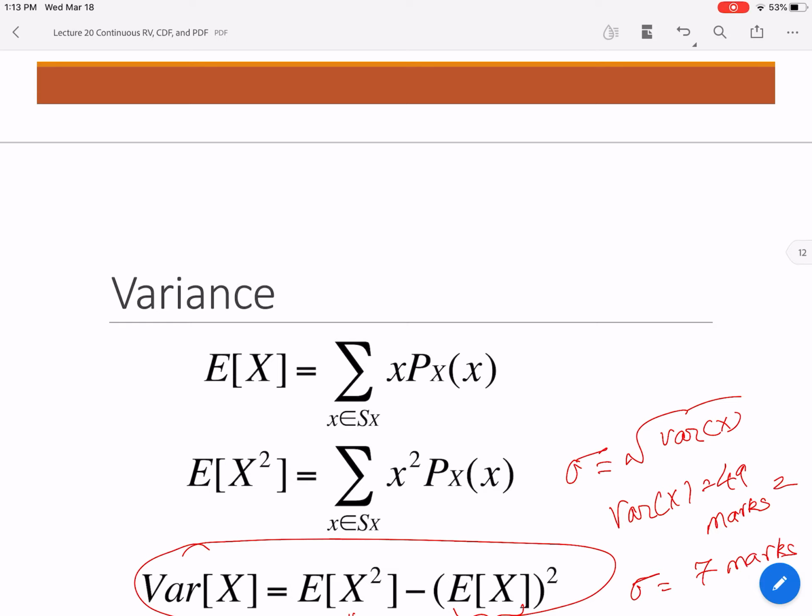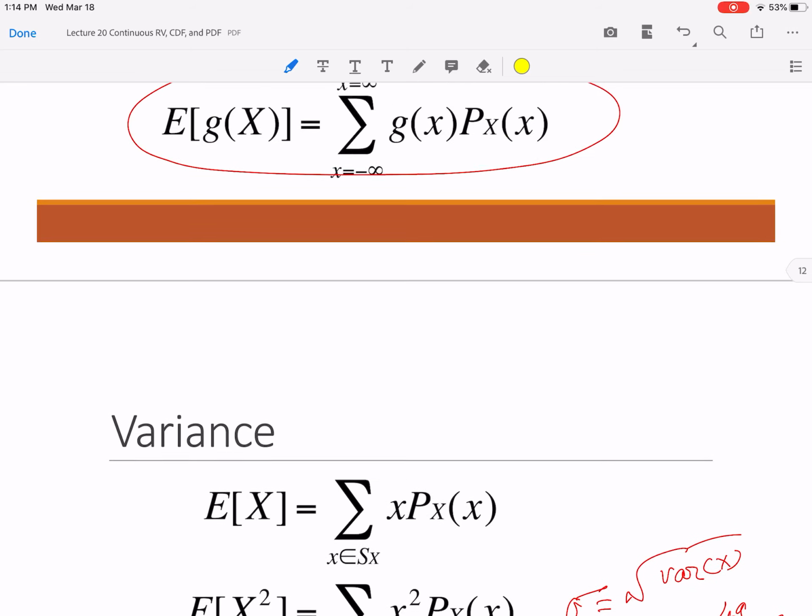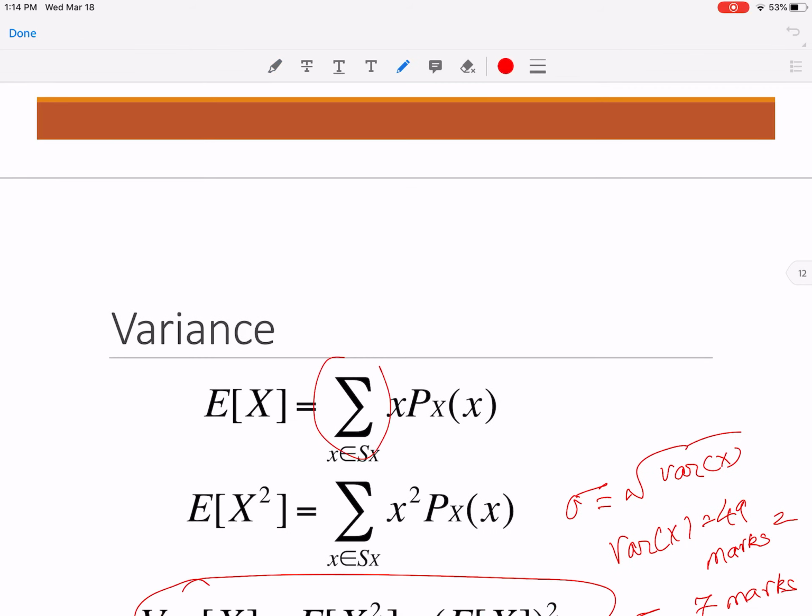And there, soon you'll find that this summation term will be replaced by an integration term, because when we deal with continuous random variables, we perform integration more often than summation. In fact, integration can be considered as summation of a countless number of values.